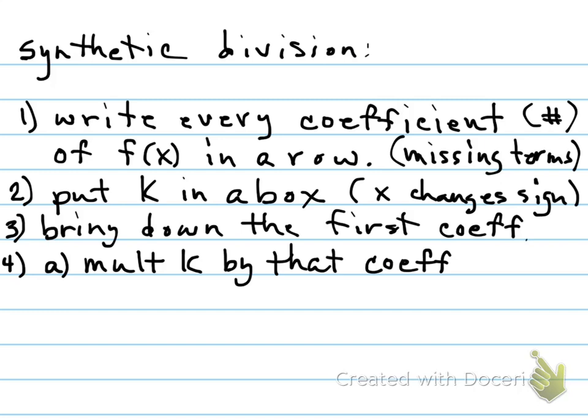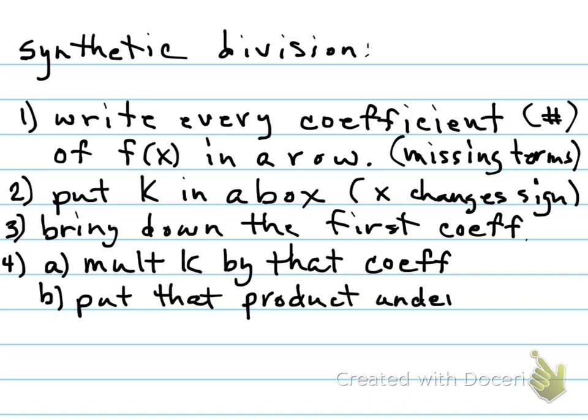Just multiply k by that coefficient. Put that product, what's a product? The answer you got when you multiplied, right? Put that product under the next coefficient. And combine.